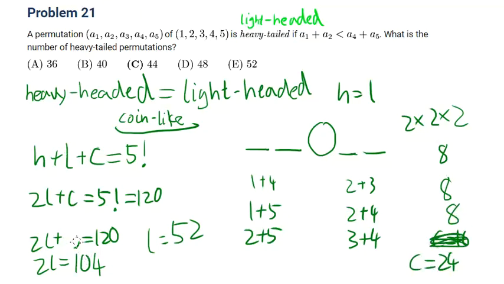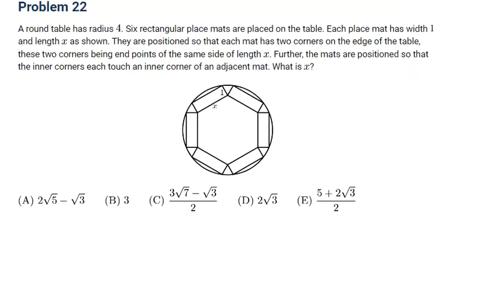So this is not 60, this is 24. So 2L isn't 104, 2L is 96. So L is not 52, L is 48. We picked D. Anyway, next question.